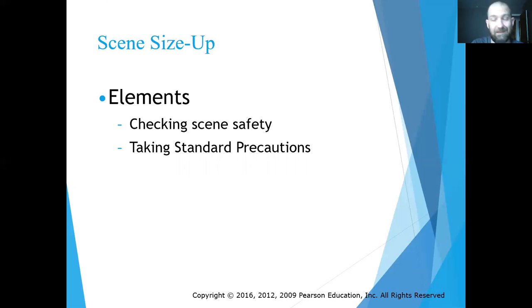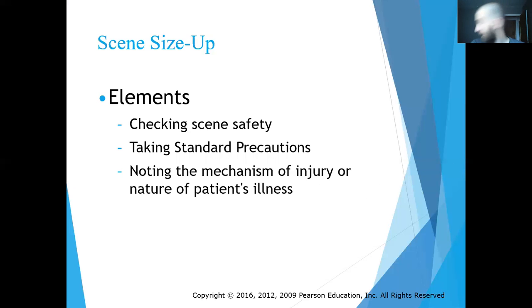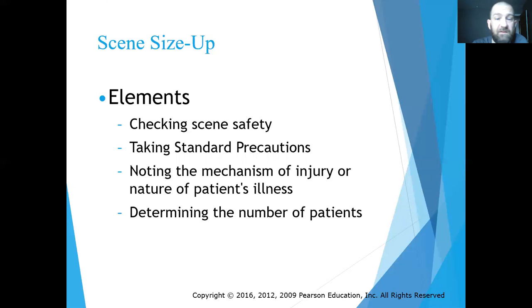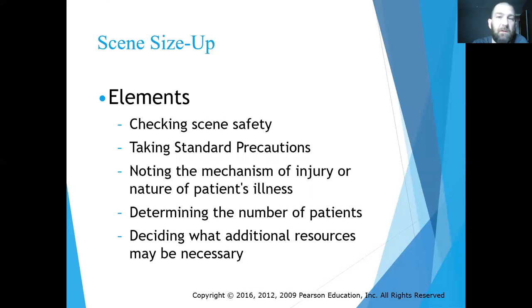And if you need anything else, you'll have to put those on and figure out what it is. We're going to note the mechanism of injury or the nature of the patient's illness and determine the number of patients that we have. And we're also going to figure out what kind of additional resources we may need. What help do we need in taking care of this patient?